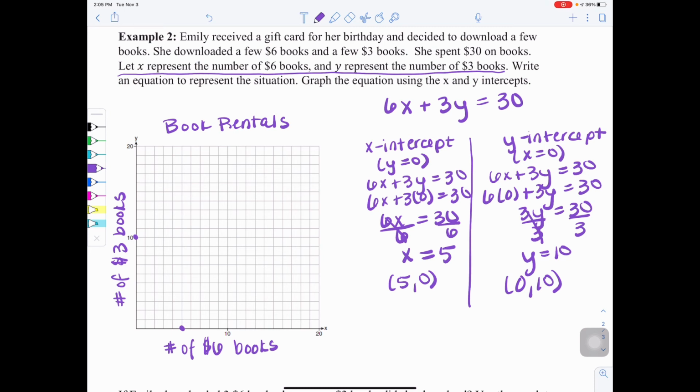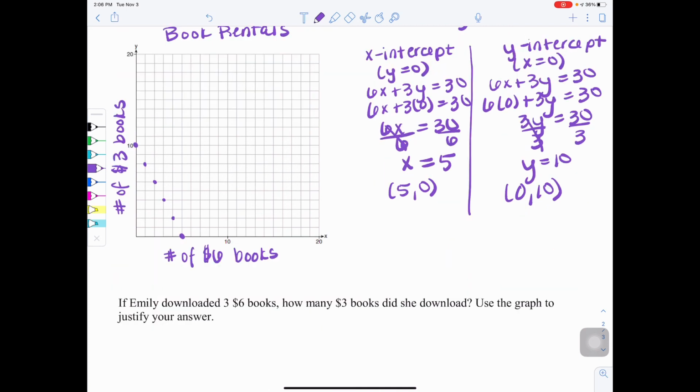So if you were to do that, it would look like this. And we're going to leave them unconnected because there are no values between the coordinates. You can only buy a whole number of books, which is, again, why we're only in the first quadrant, as you can see, because it doesn't make sense to have negatives either. Okay, so we're going to leave it like this because there are no values in between the points.